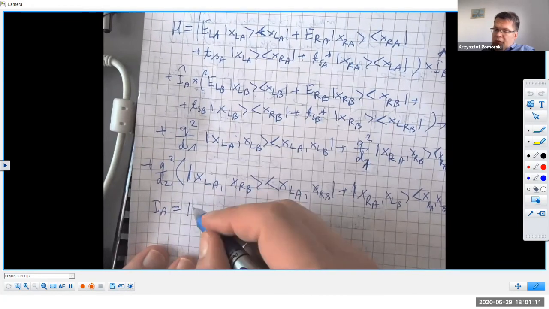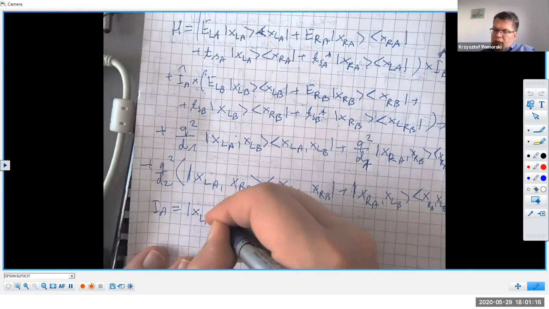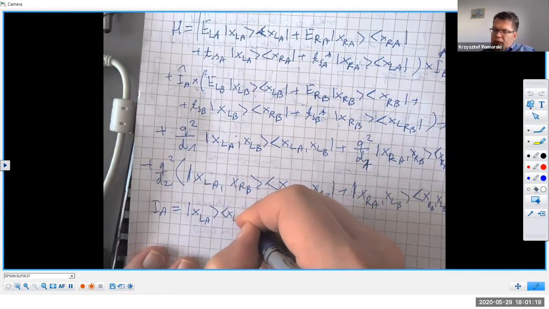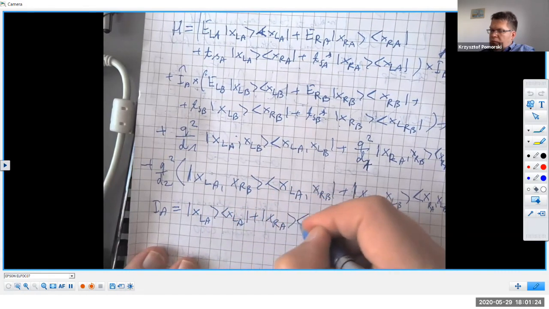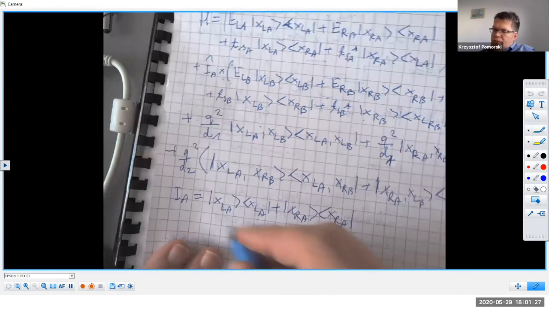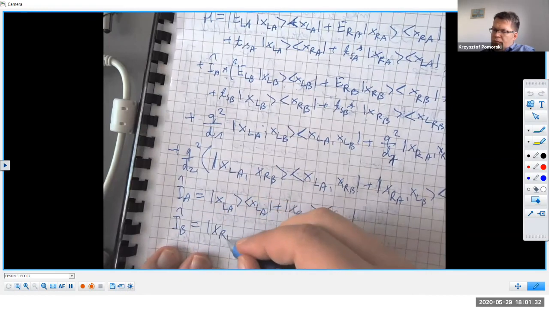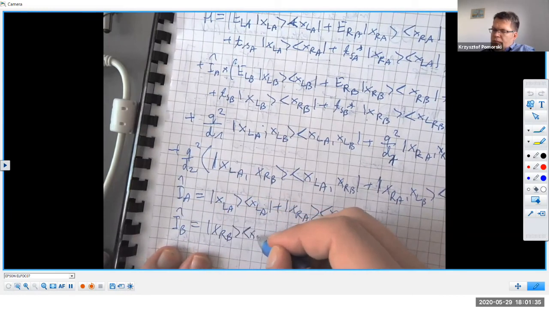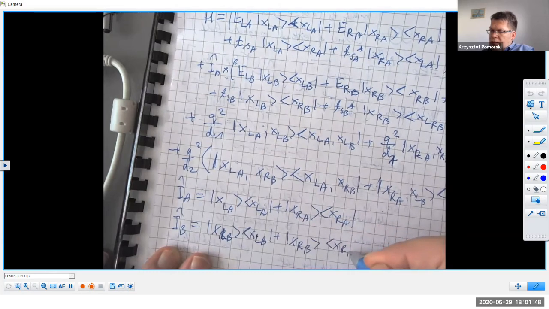but the identity A is nothing else than the projection of the state on itself. So it is given as this. So LB, right.